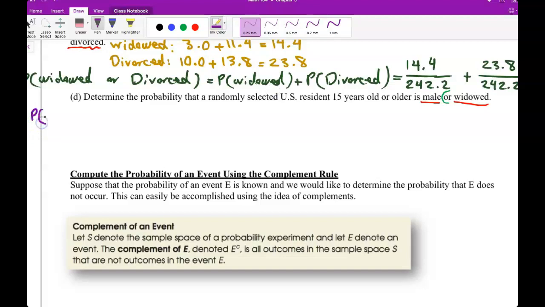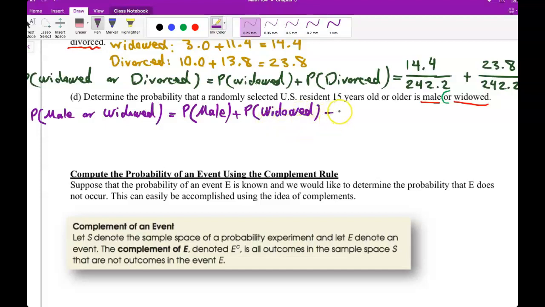And so the answer for probability of male or, is equal to, add each one, so probability of each one first. Then if there was an intersection, we should subtract intersection between these two.